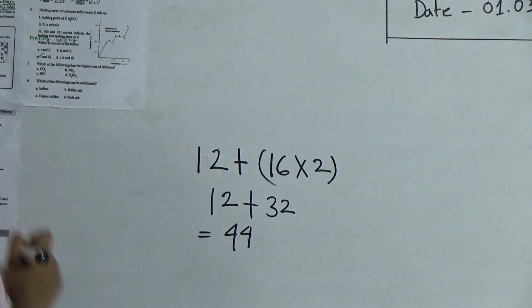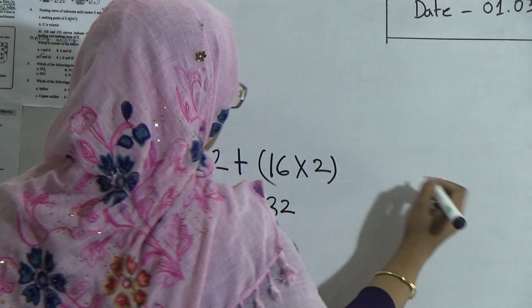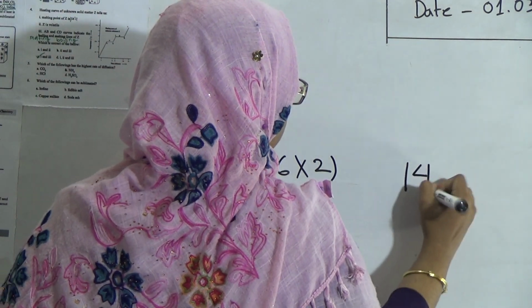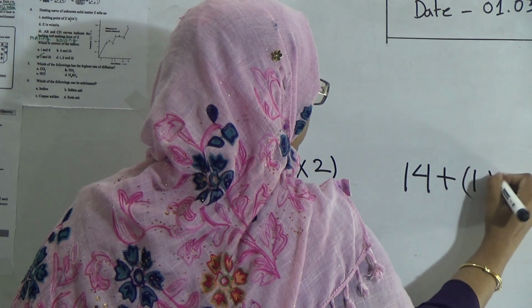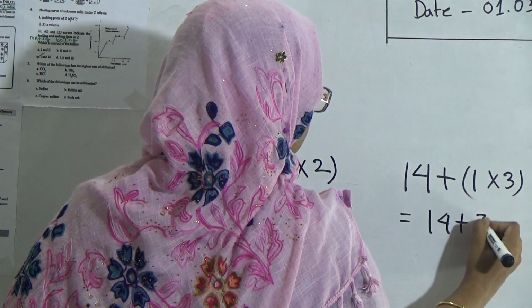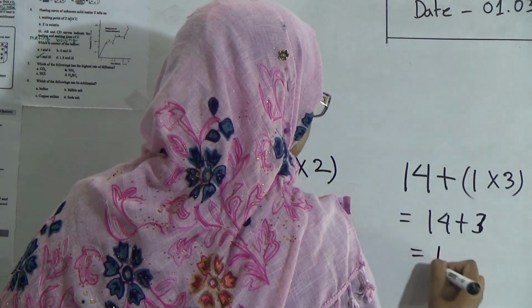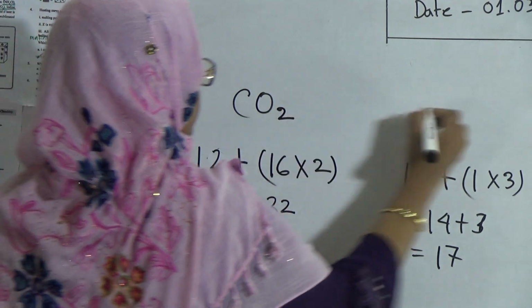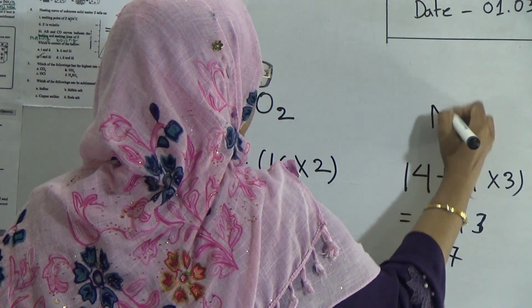If we consider ammonia, nitrogen is 14 and hydrogen 1 into 3. So 14 plus 3, it will be 17, and that is for ammonia.